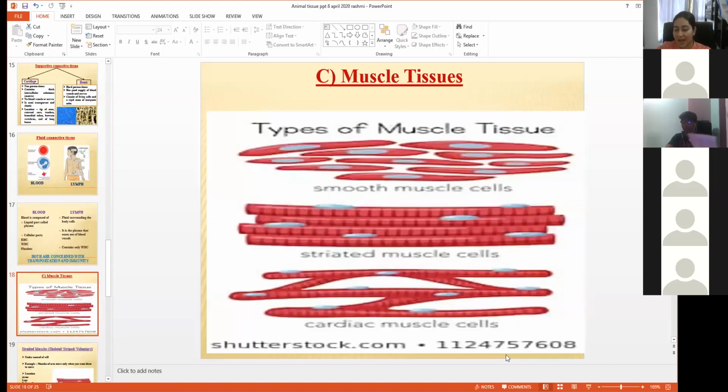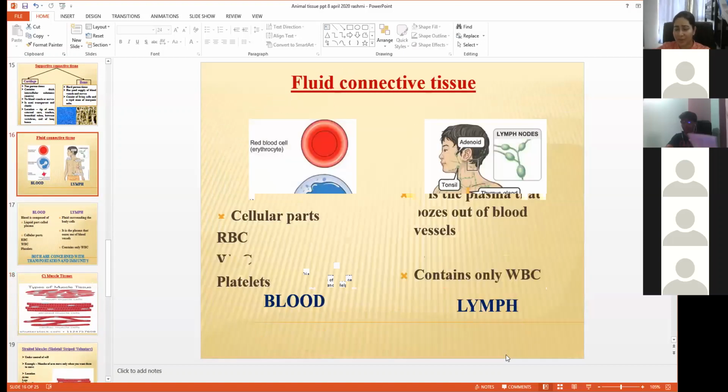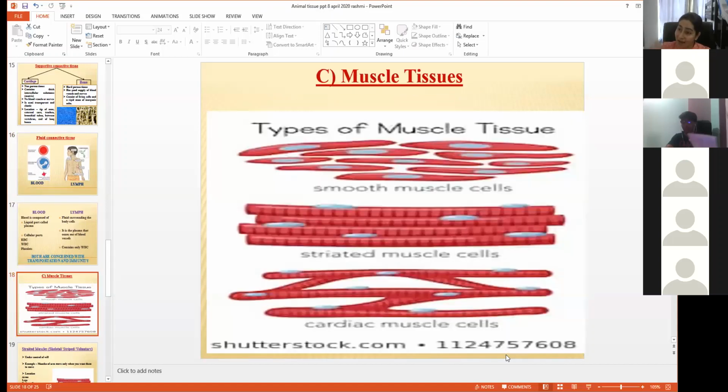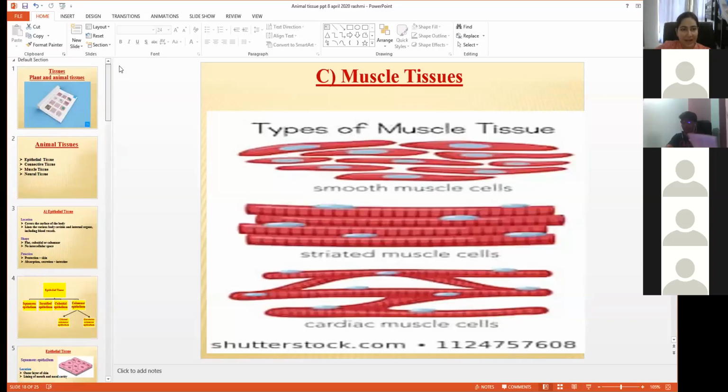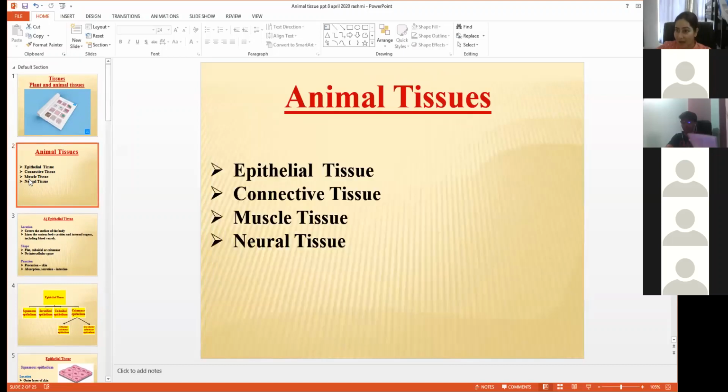After the fluid connective tissue, which consists of the blood and the lymph, we come to the next tissue, which is the muscular tissue. Students, again we recap: animal tissues, we are finished with the epithelial tissue and the connective tissue. Now we move on to the muscular tissue.